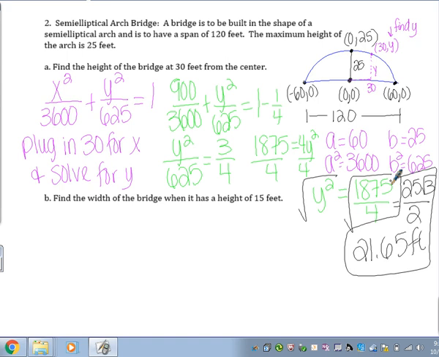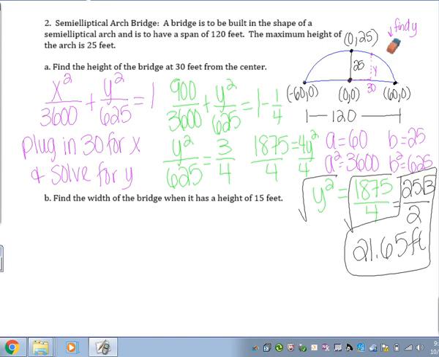Okay, now we're going to be using the same picture, but now it's asking us to find the width of the bridge when it has a height of 15 feet. All right, so here, I'm going to erase this 30Y.